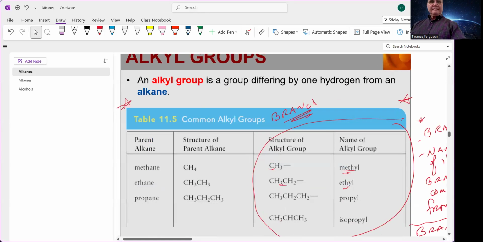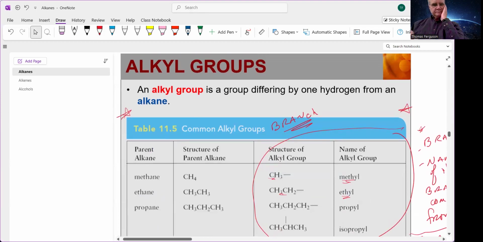Now, this is something that you're going to eventually know inside and out without having to memorize it. In the beginning, you're going to have to memorize it, but by lots and lots of practice, you won't have to memorize it. By very use of it, you'll get to know it.